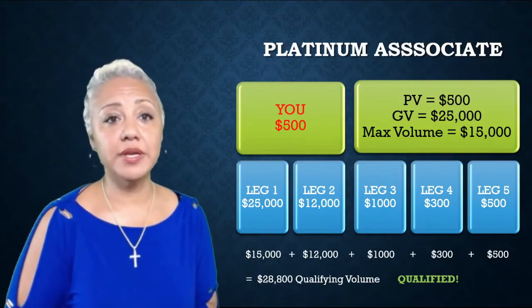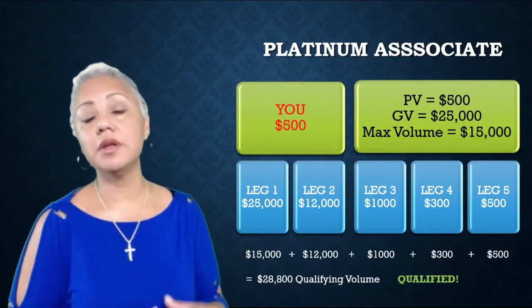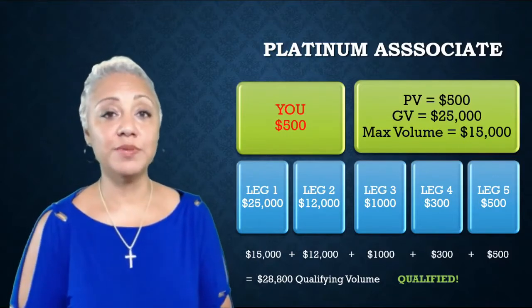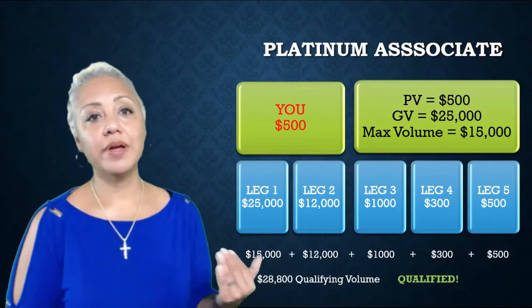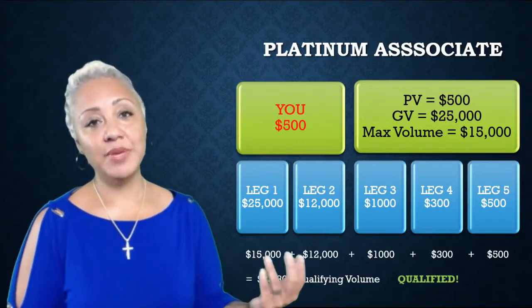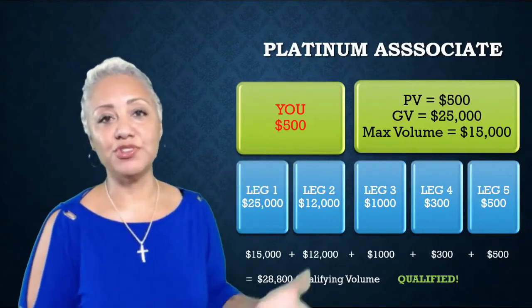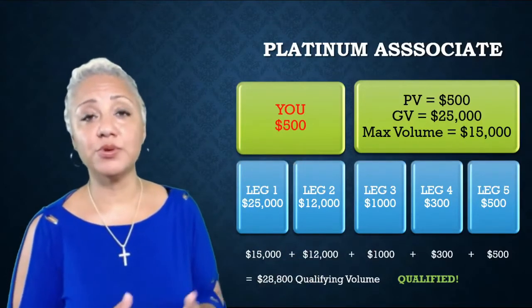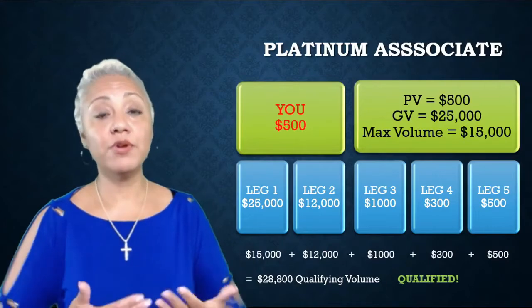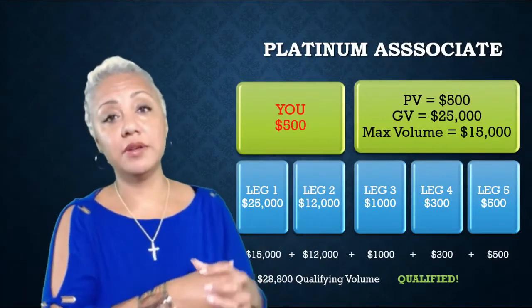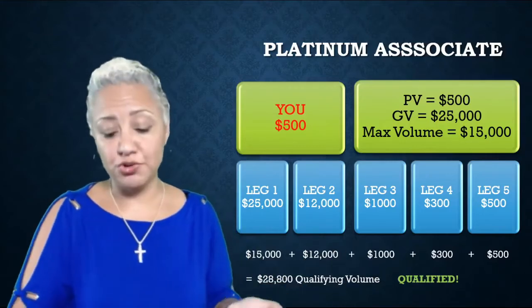So that alone is 27,000, along with the balance of the other legs, adds onto the volume needed to qualify. So again, we do this because your upline won't typically have that same distribution. This is your distribution from your downline, so it qualifies you for a position. In order for your upline to qualify for the same position, they would have to do the same, meaning they can't just reach rank because you've reached rank yourself.